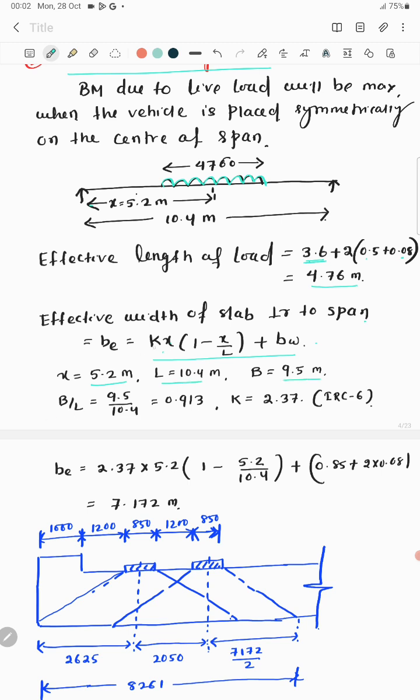To calculate this k value, we need this ratio B by L, which is coming to be 0.913. From IRC 6, there is a table for this k value which is coming 2.37 for the corresponding value of 0.913. So by putting all these values in the expression for BE, we got the value of BE is equal to 7.172 meter.